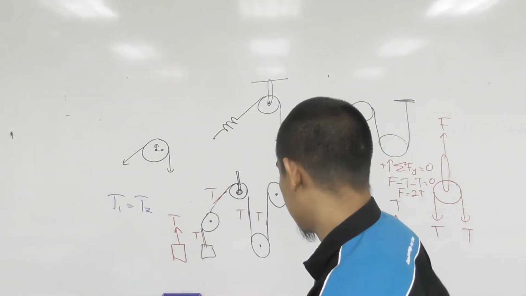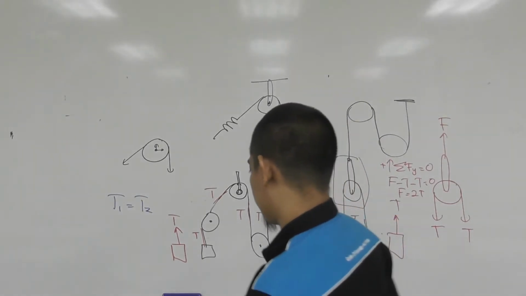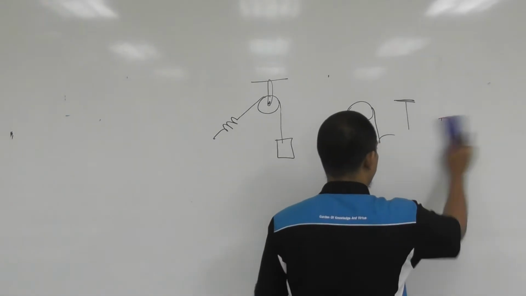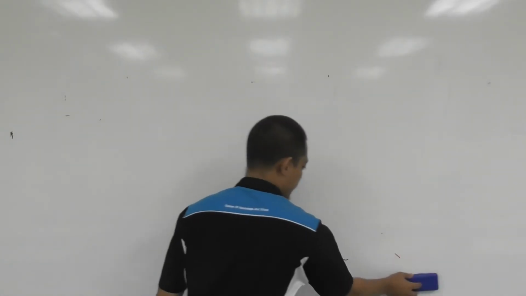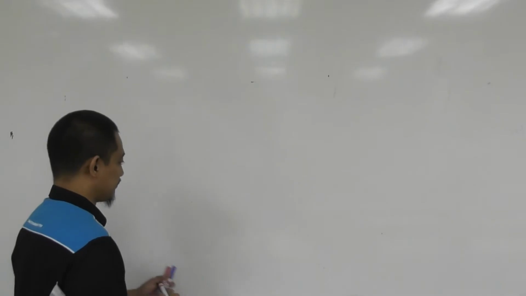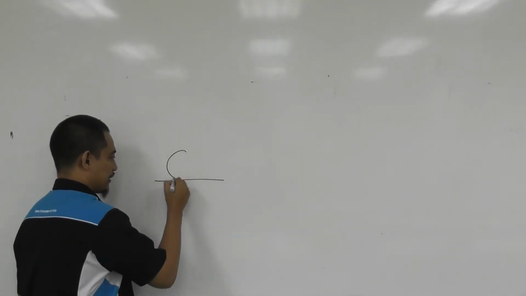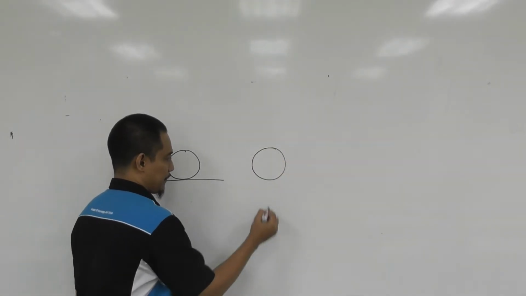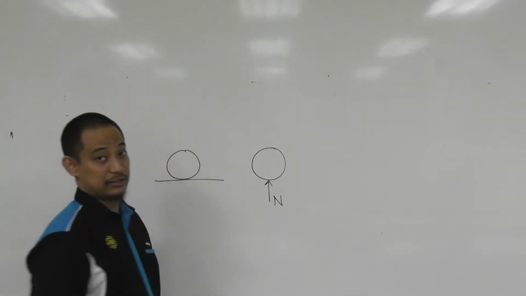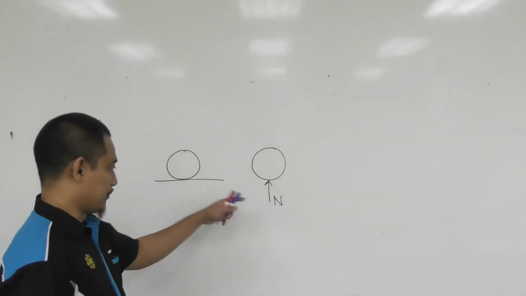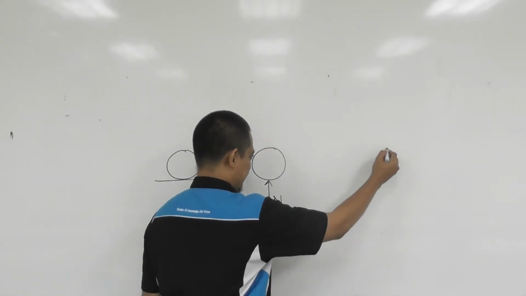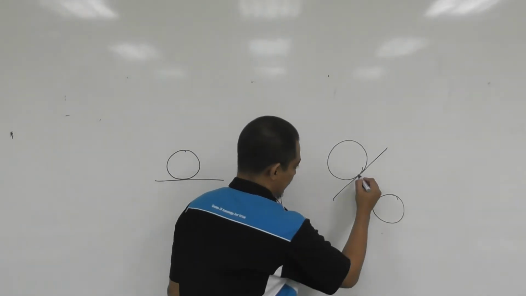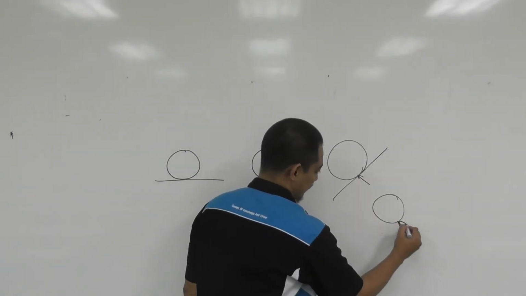For example, the easiest one is if you have ground here and then you have a sphere object there, when you draw a free body diagram of that thing, then this is the normal reaction, perpendicular to the ground, so that's normal. If the ground is something like this, then if you draw the free body diagram, it will be that way, or something like that.